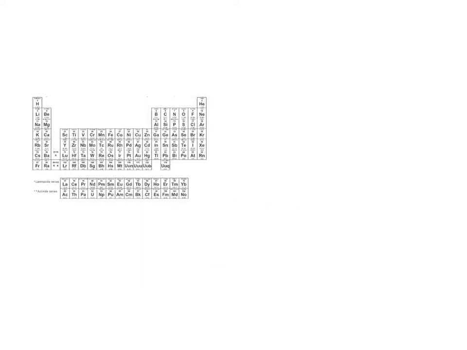Nonmetal atoms will tend to make the number of bonds that are equal to the number of empty valence spots in their valence shell. Remember that the valence shell can hold 8 electrons. So since carbon has 4 electrons in its valence shell, it has 4 empty spots and can make 4 bonds.